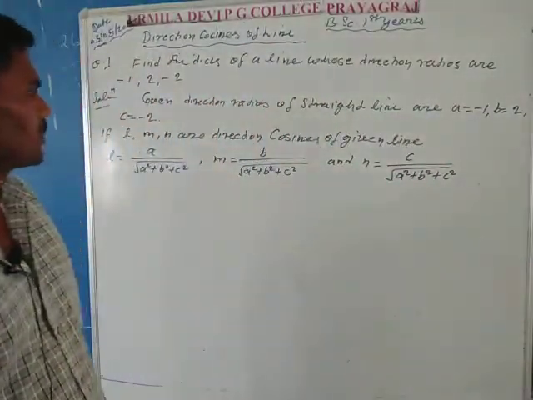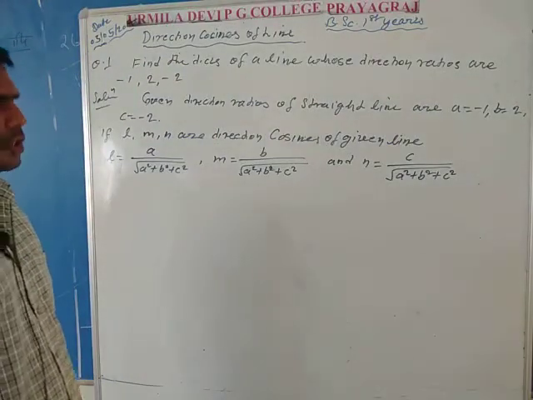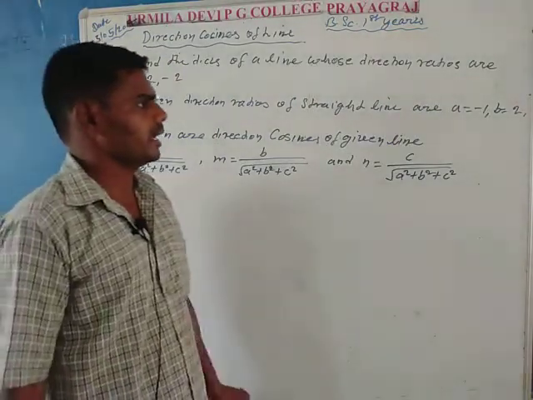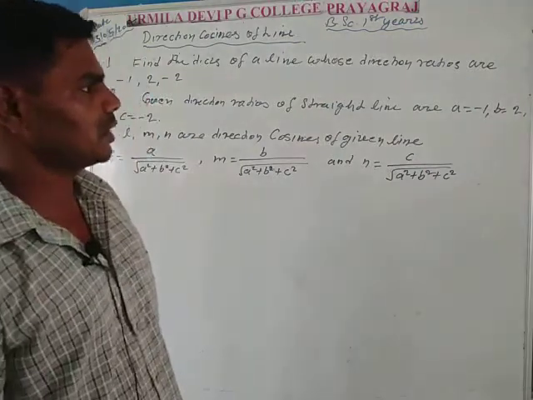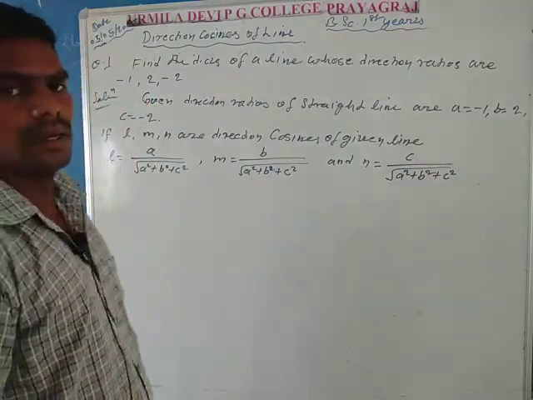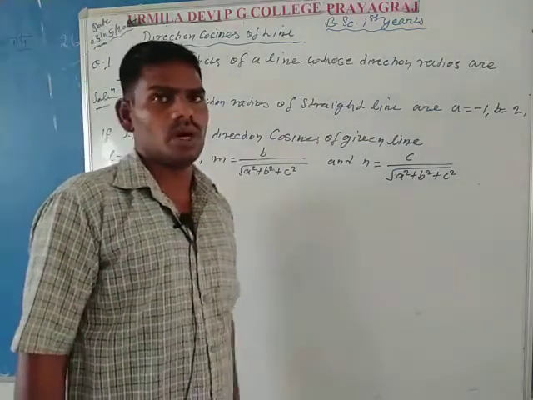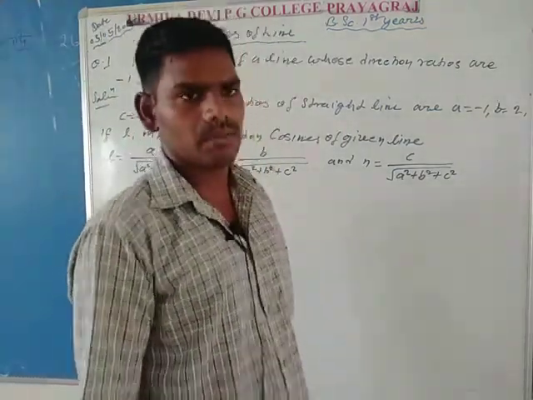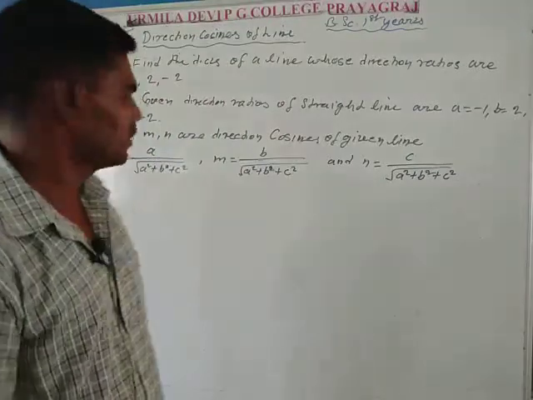Putting the values of small a, b, c, the given direction ratios, in this relation, you can find the values of l, m, n.